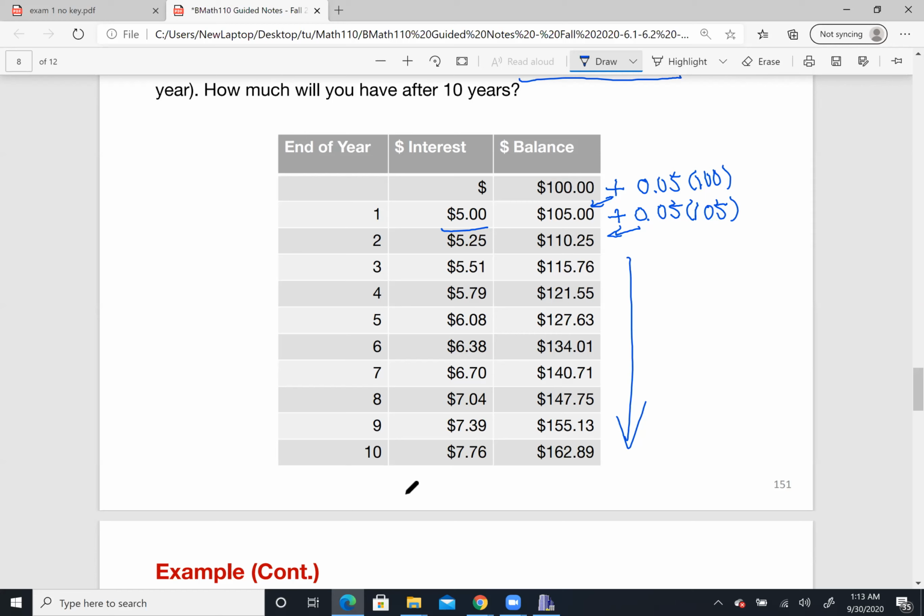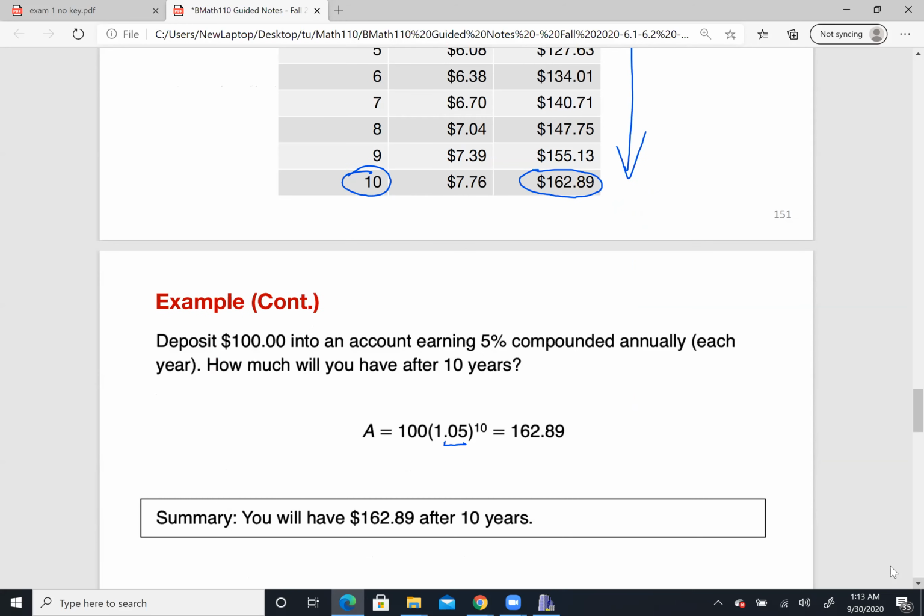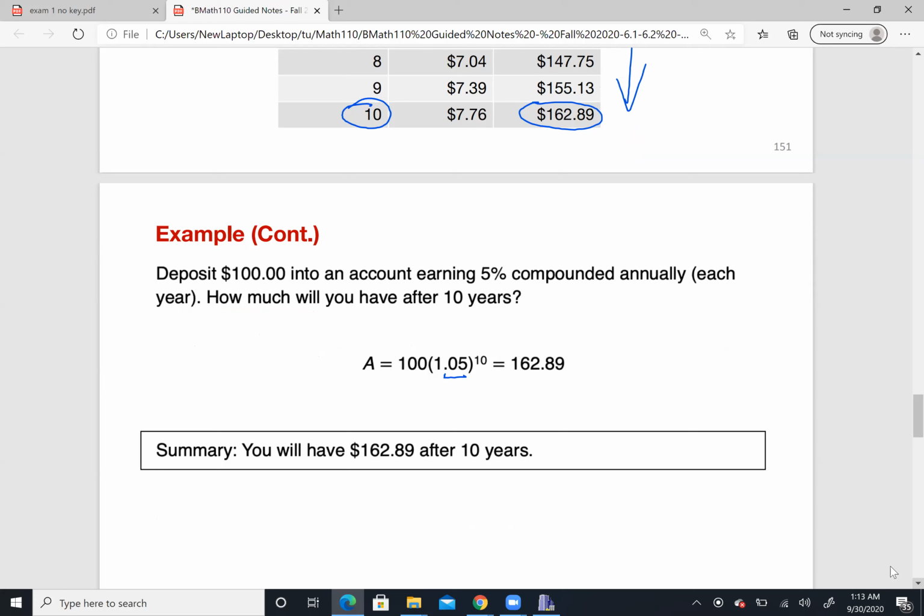After 10 years, you have this number. So the problem is, where is 1.05 from? If I convert back, A is going to be equal to 100 plus 100 times 0.05, which is 5%.